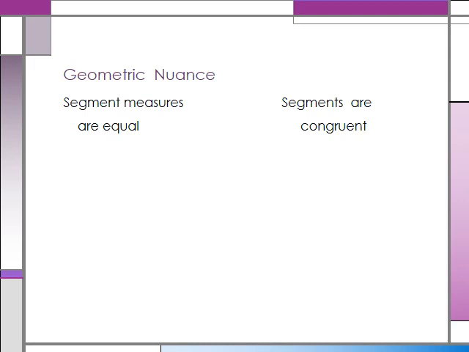This is what I call a little geometric nuance, and it's important that you understand this. Segment measures are equal, and segments are congruent.